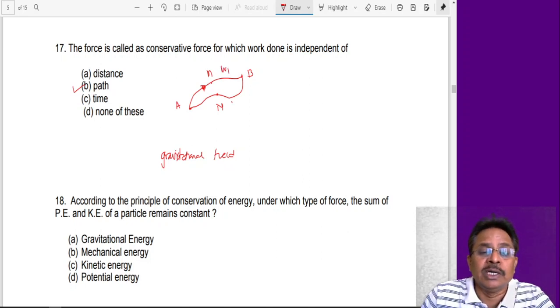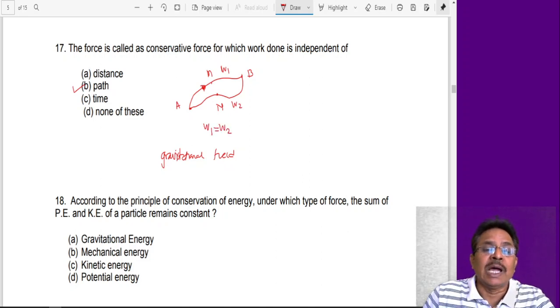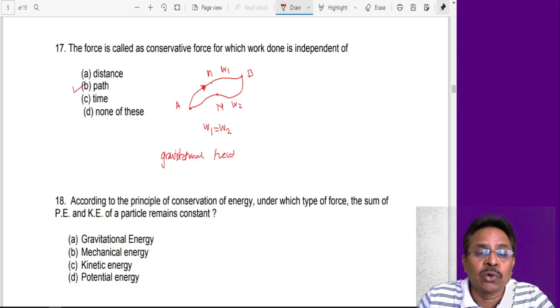If I calculate W2 in this case, I'll find in case of conservative force field, this W1 is always equal to W2, and that is how the total work done over a closed path.